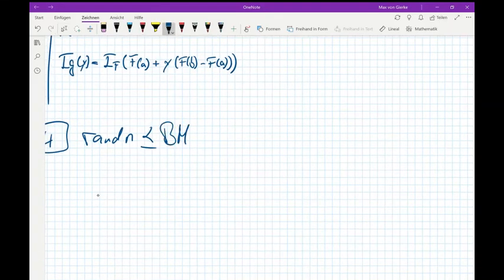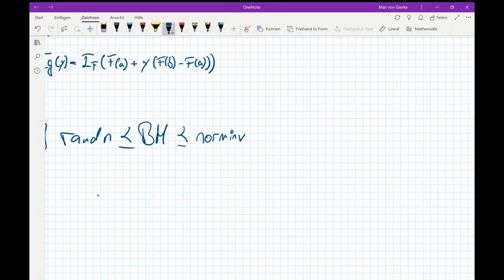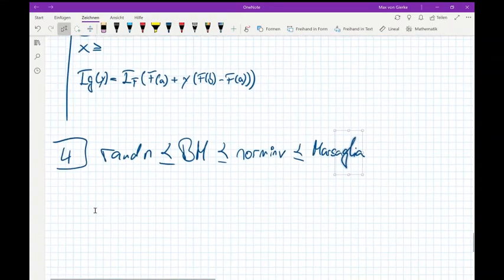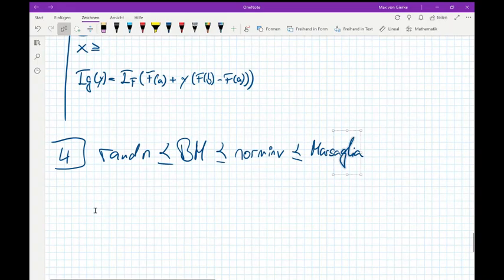Then Box-Muller, then norminv, so just ITM, and then Marsaglia. So this is what Professor Neunkirch states in the solutions on Ilias.